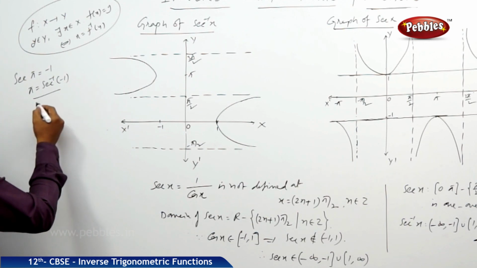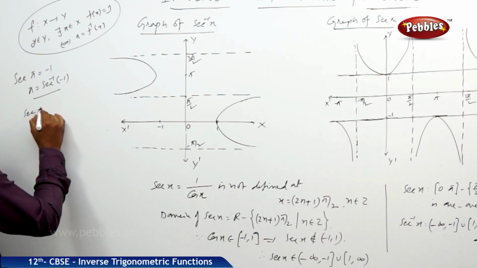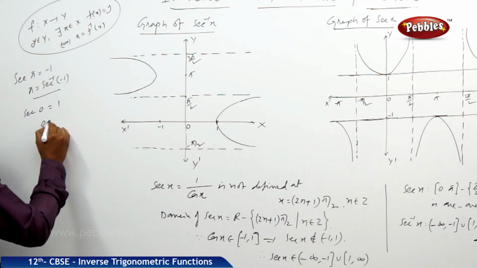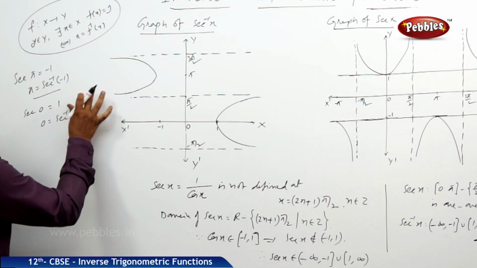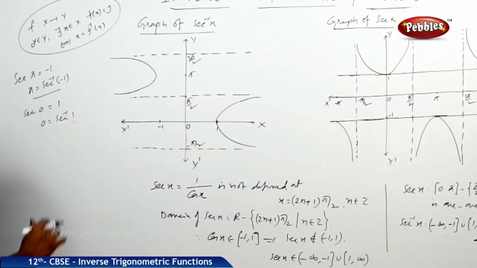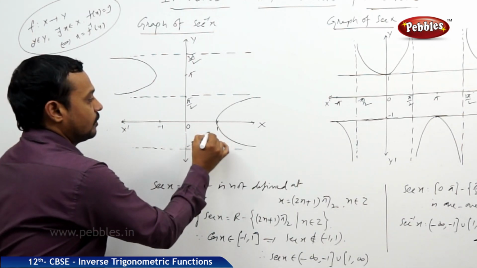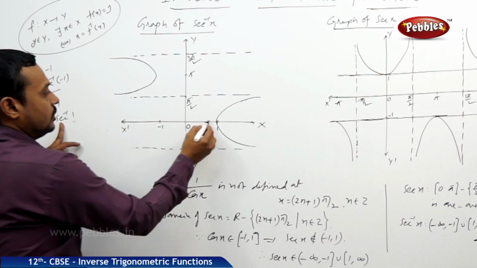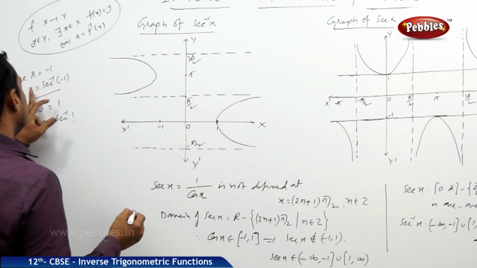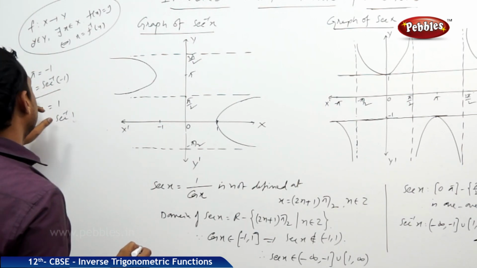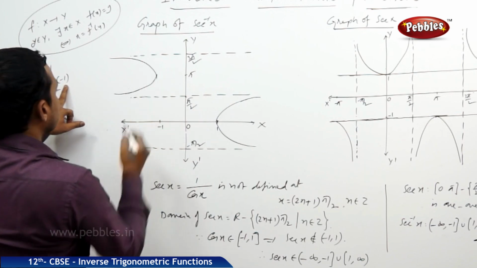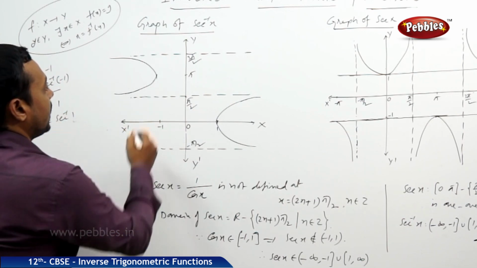You know secant 0 is equal to 1, therefore 0 is equal to secant inverse 1. So at 1 the secant inverse value is 0, and secant pi is equal to minus 1 means secant inverse of minus 1 is pi.